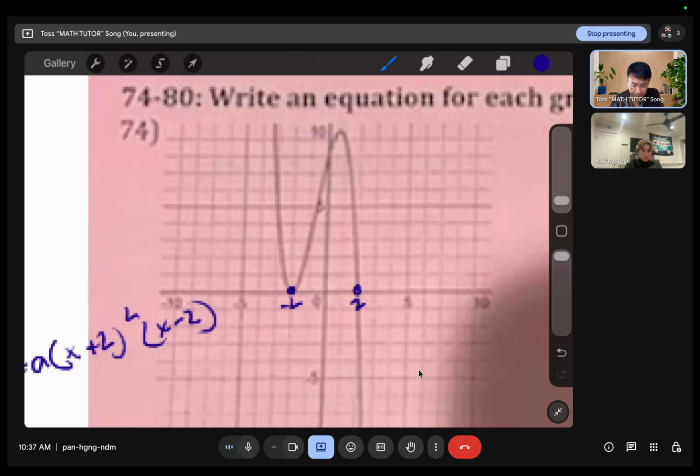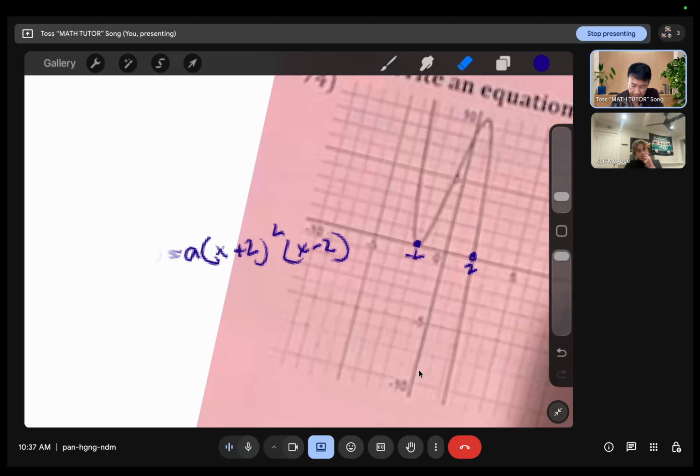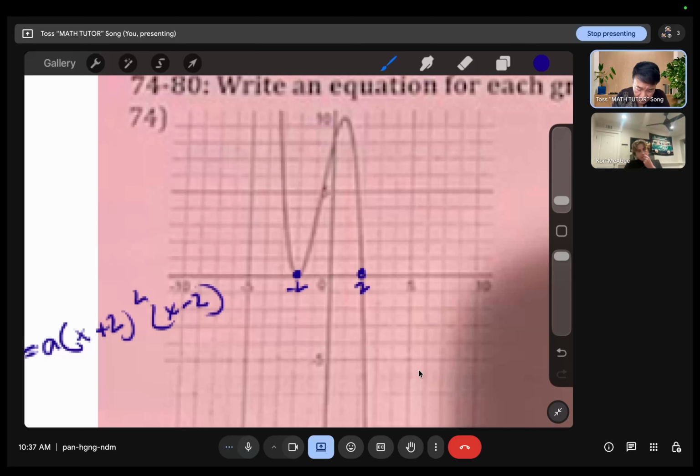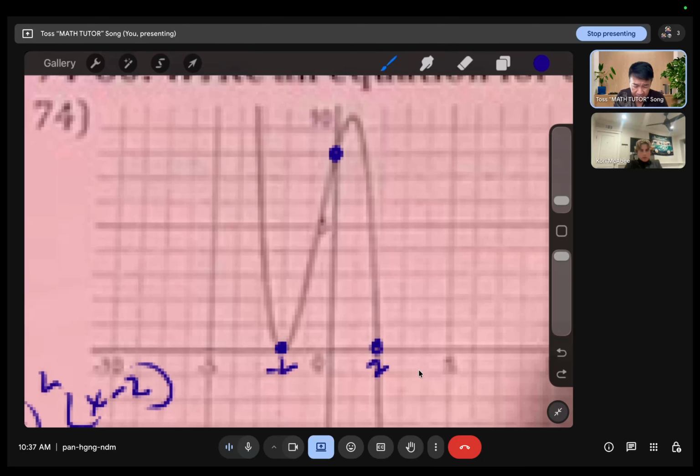The only other thing you need is to solve for a. So let me make that a y now. So it's a y. You need to be sure of the point, any other point that you can find other than the x-intercepts, the ones that we used. The x comma y that I think is recognizable is right there.